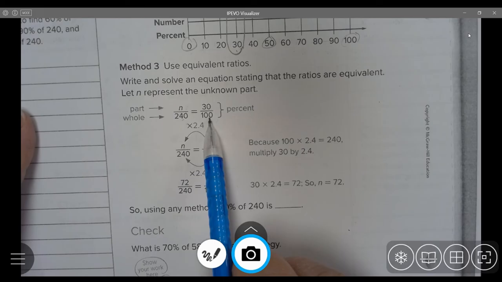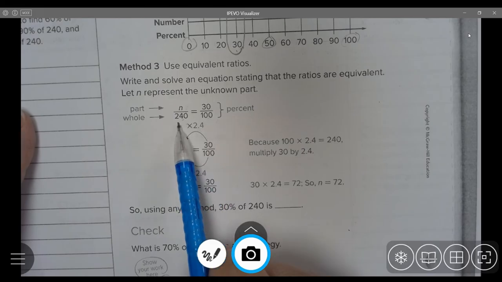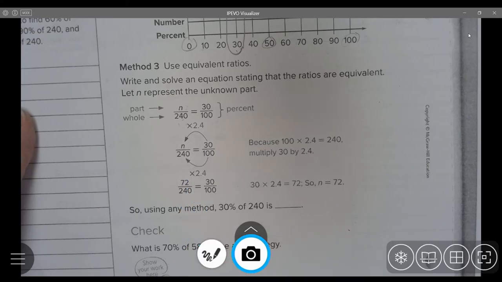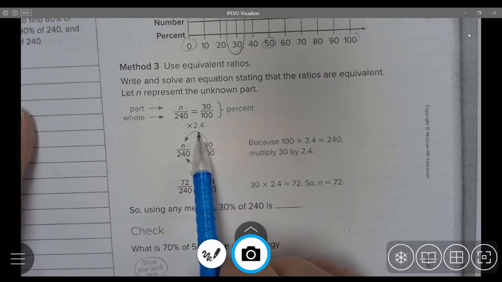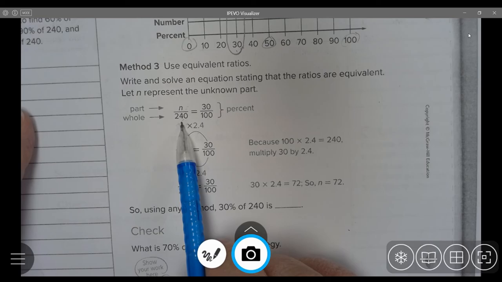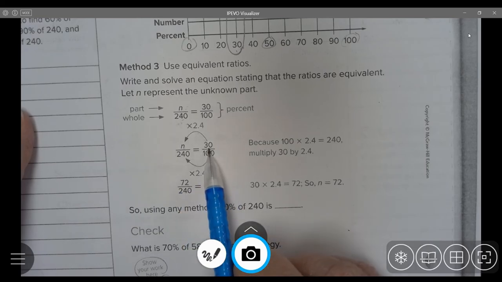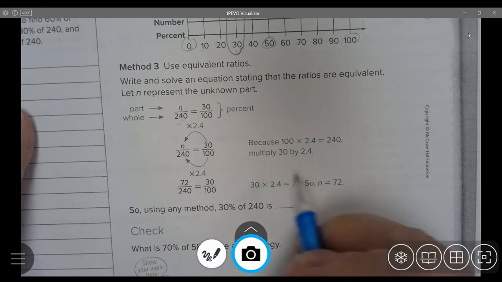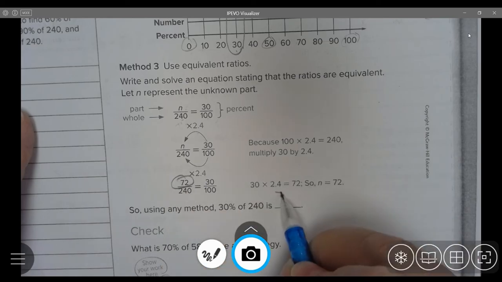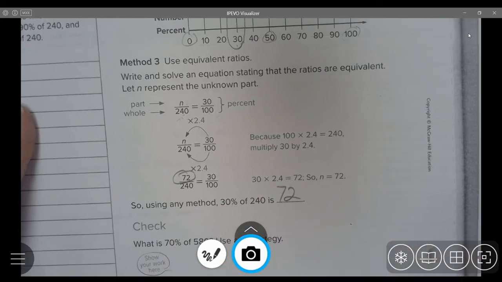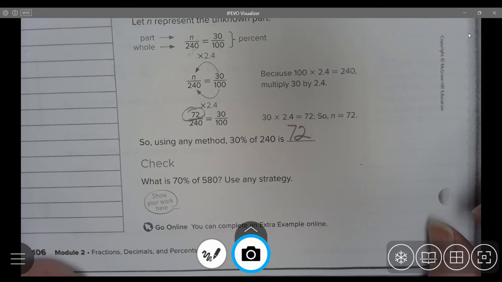And we would take a look at this. 100 times 2 and 4 tenths would equal 240. We would do the same thing to the top. 30 multiplied by 2 and 4 tenths would equal the 72. So that means 72 is 30% of 240.